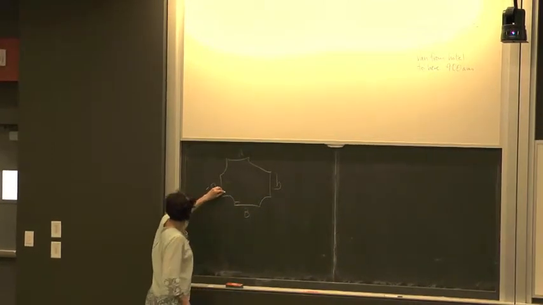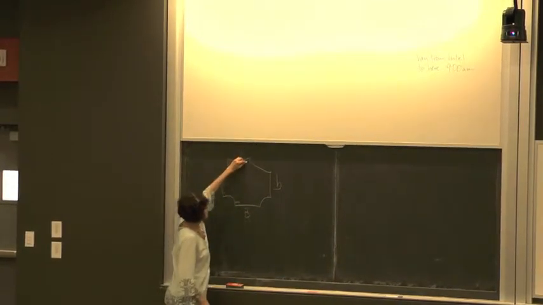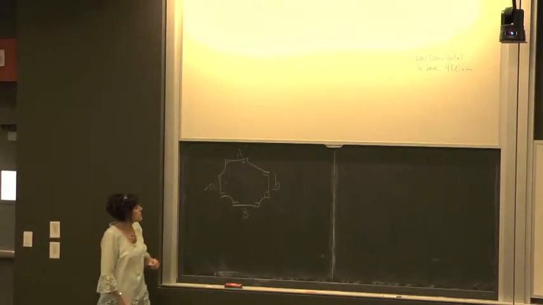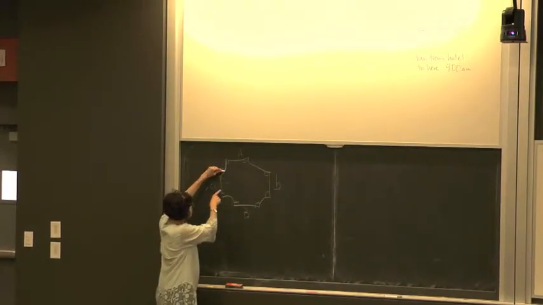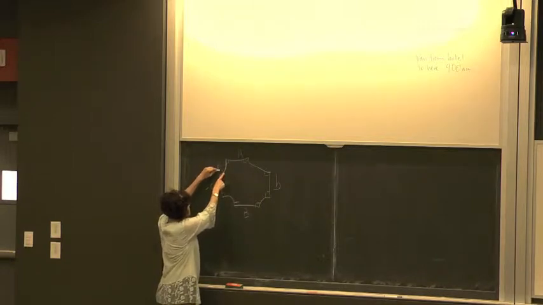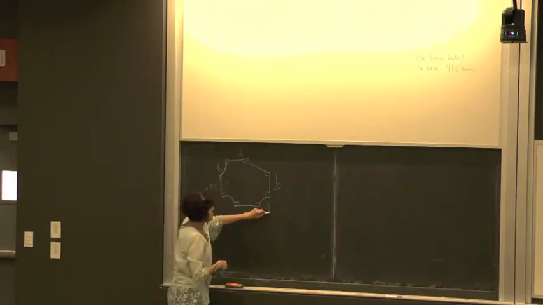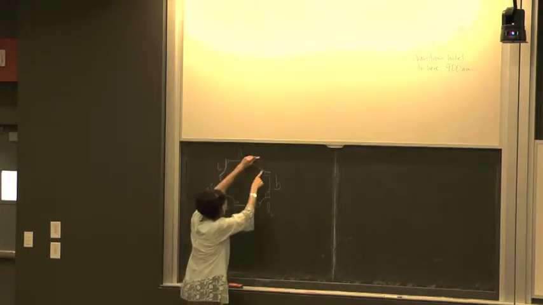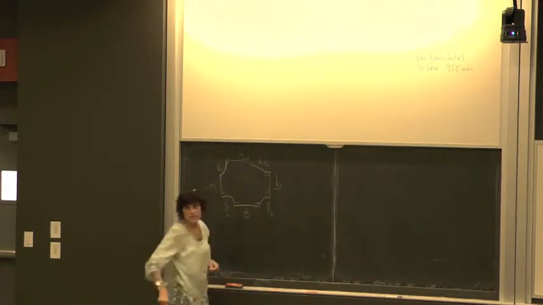And we can pretend this is an octagon with right angles, and this is the length of the boundary component A, this is the length of the boundary component B, and this is the length of the other one, and the other one.